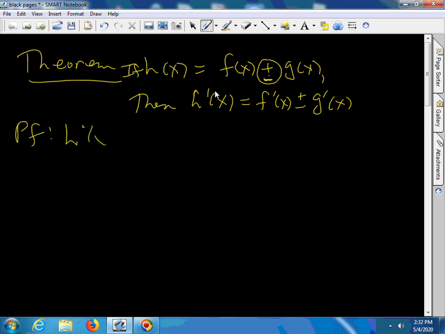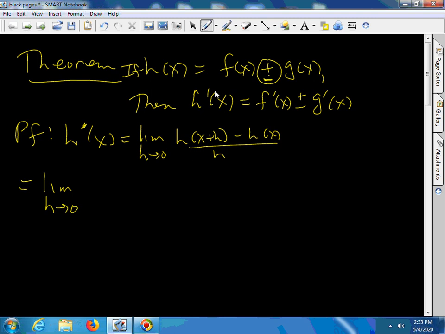By definition, h prime of x is the limit as h approaches 0 of h of x plus h minus h of x over h. So this is equal to the limit as h goes to 0.